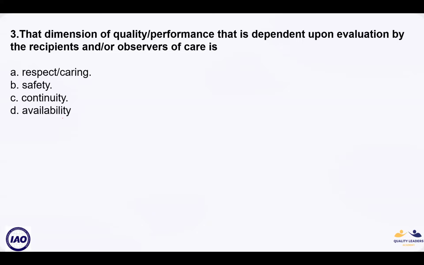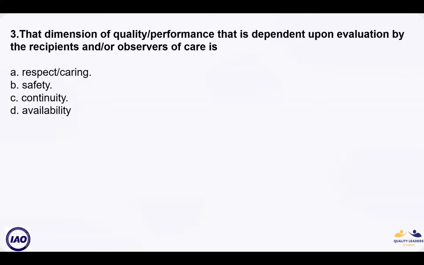Coming to option 3, continuity. We have seen continuity is about ongoing coordinated care over time. Okay, so it's measured from the system side and not the perception. And then coming to availability. Availability is about whether services and resources are present or can be accessed.